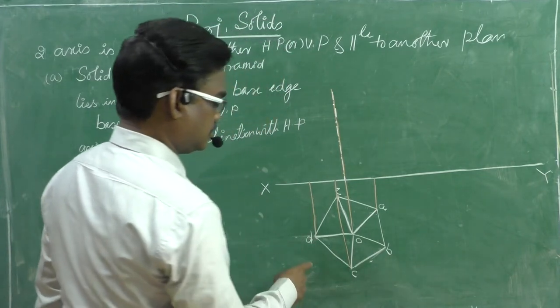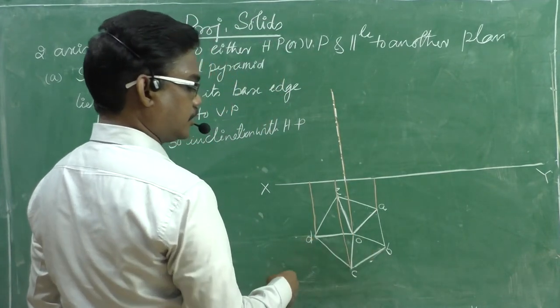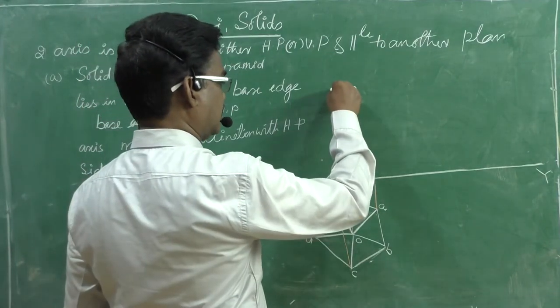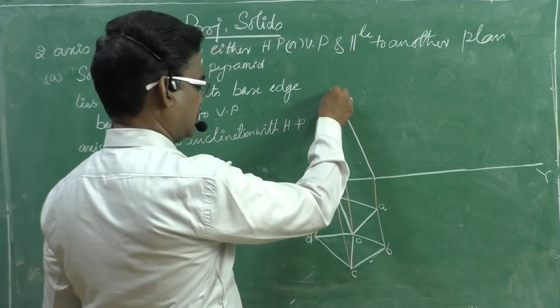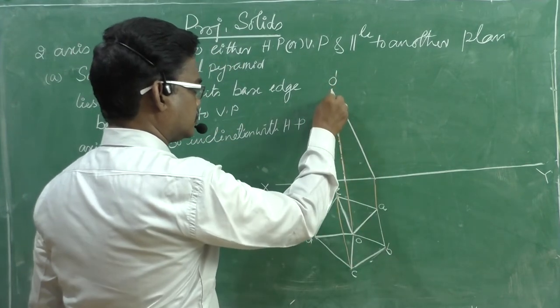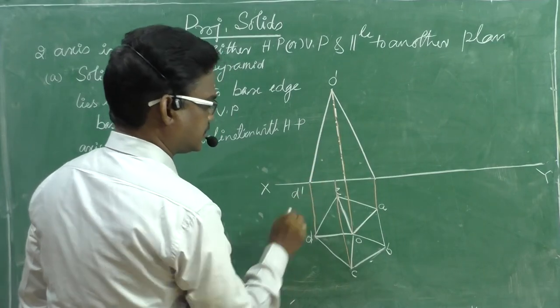And here OC, OB, OD are visible edges. Therefore, these are continuous lines. Okay, this is O dash. This is OD, OD dash.